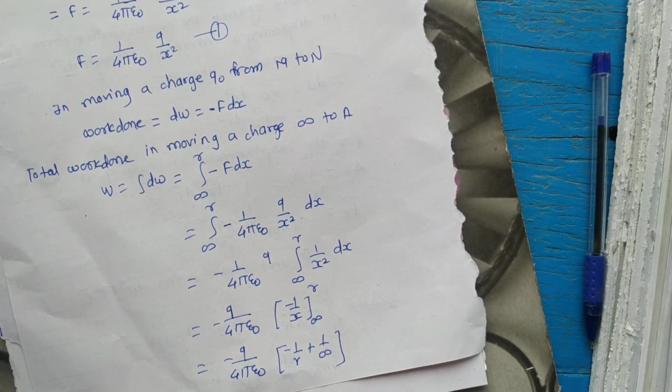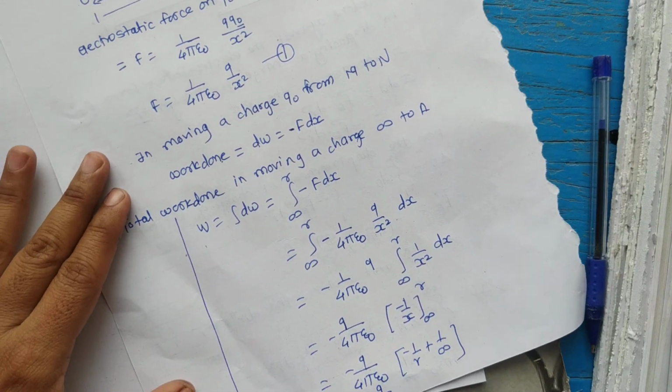So we get total work done is equal to 1 upon 4 pi epsilon naught q divided by R.